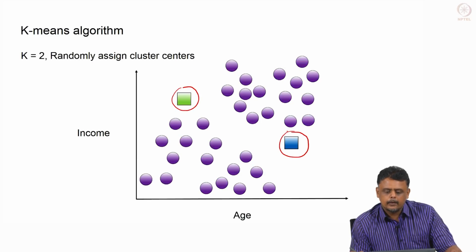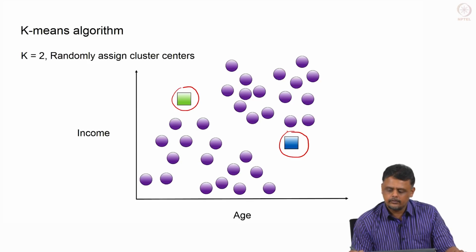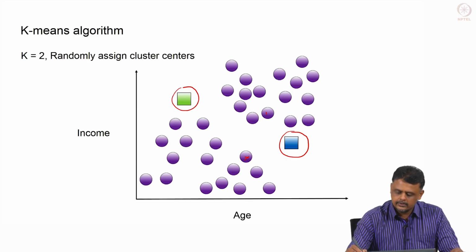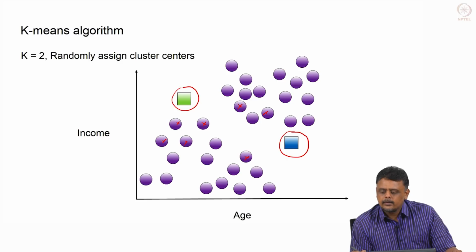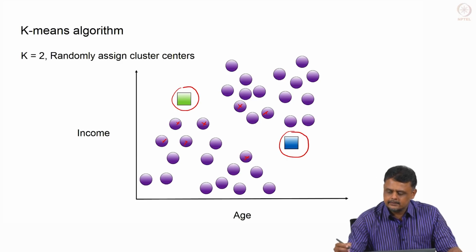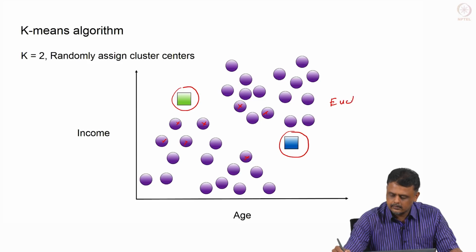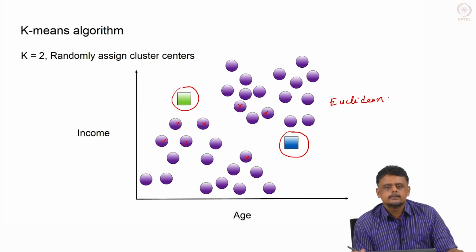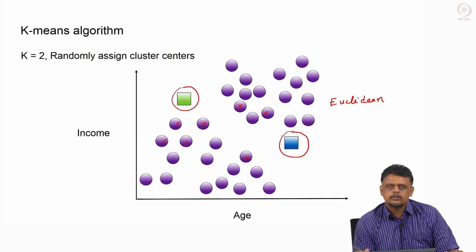So, what does that mean here? We assign 2 randomly chosen cluster centers, following which we calculate the distance of each one of these data points. There are several data points. Again, initially we do not know what clusters they are in. So, we would calculate the Euclidean distance between the cluster centers and each one of the data points, and assign the data points to the cluster center which is closest.